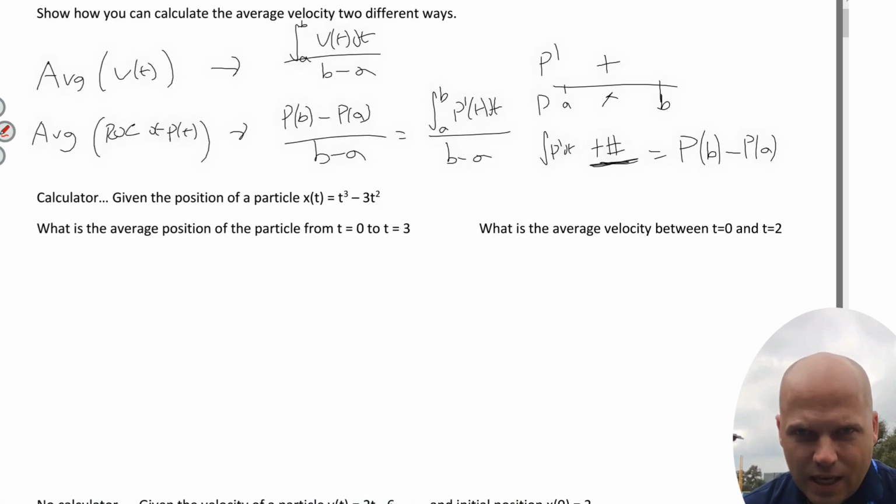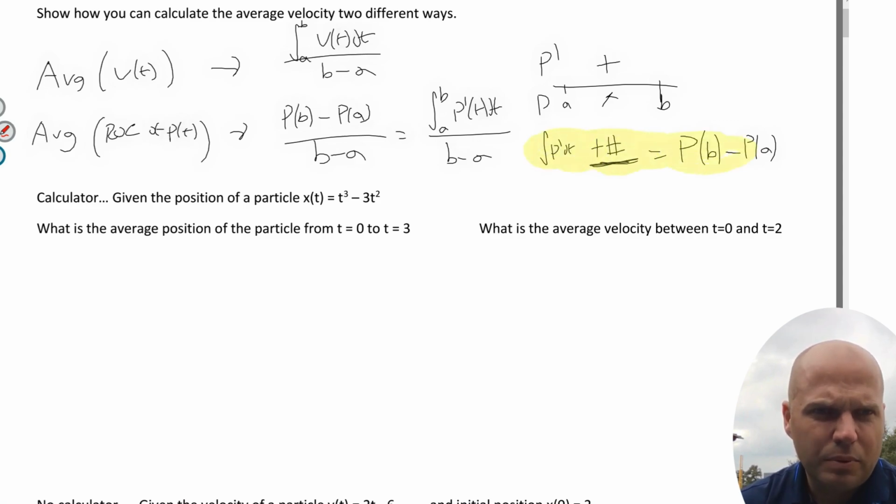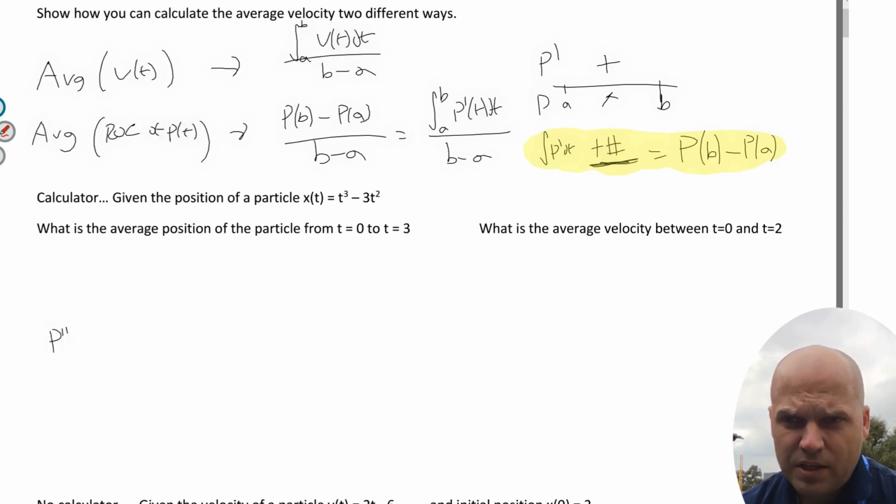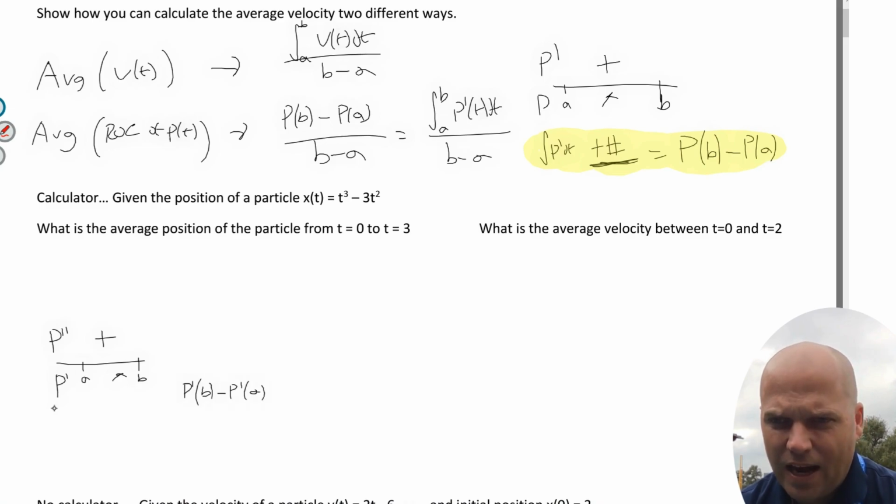And then what we realize is this idea can be looked at on any level, which means like P double prime positive, P prime would be increasing. If I did P prime of B minus P prime of A, I get the accumulation of P double prime.